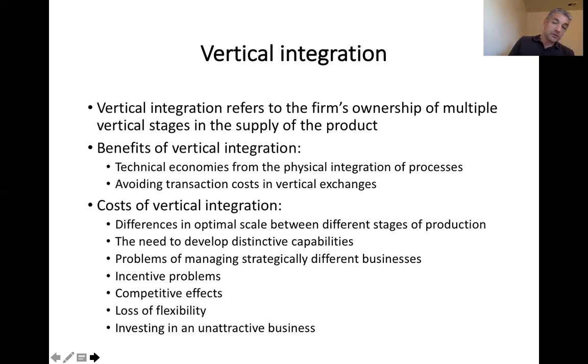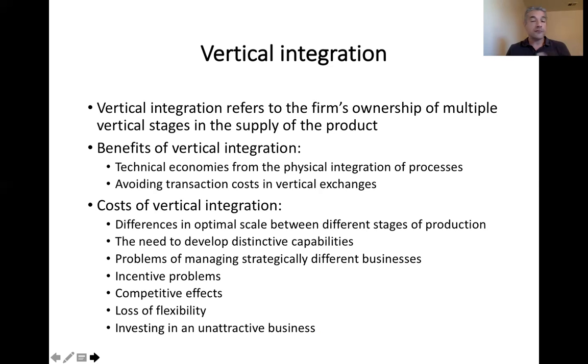At the same time, there are multiple problems with vertical integration. First of all, and this is really essential, the optimal scale at different stages of production may not match perfectly. Again, I would probably refer to the example that your textbook provides.